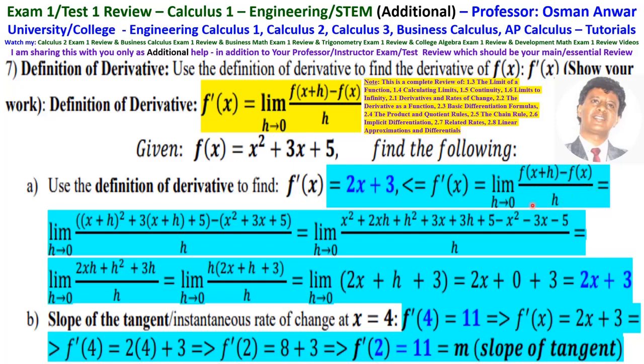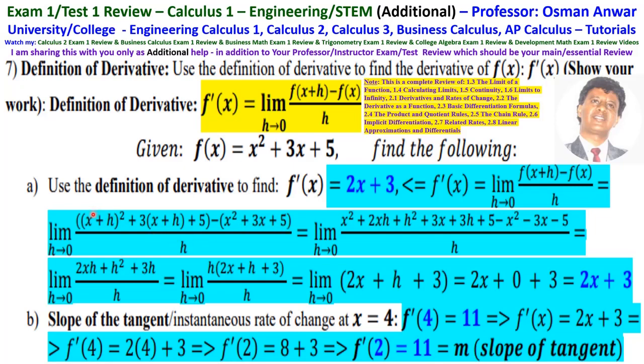And that is equal to, we're going to take x plus h and substitute it into every x. So this is x plus h squared plus 3 times x plus h plus 5, then minus f of x, minus x squared plus 3x plus 5, over h.